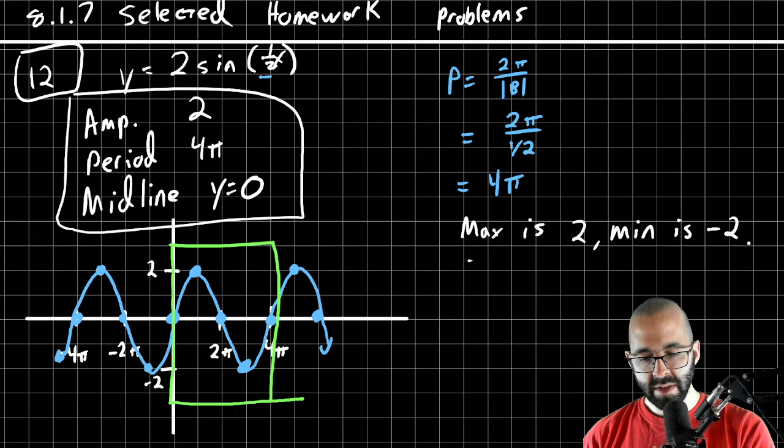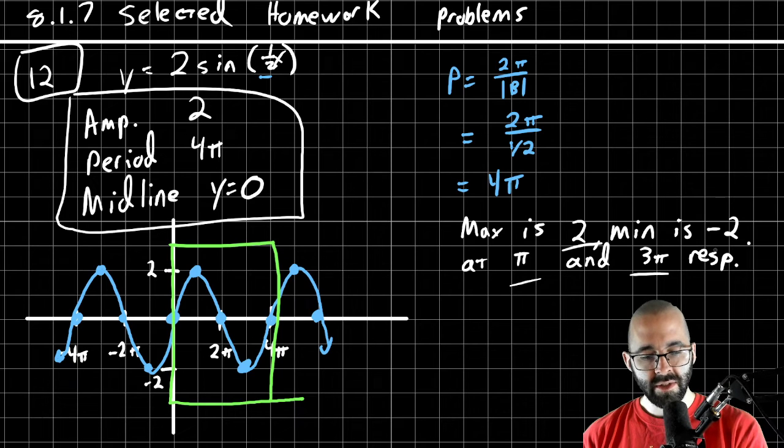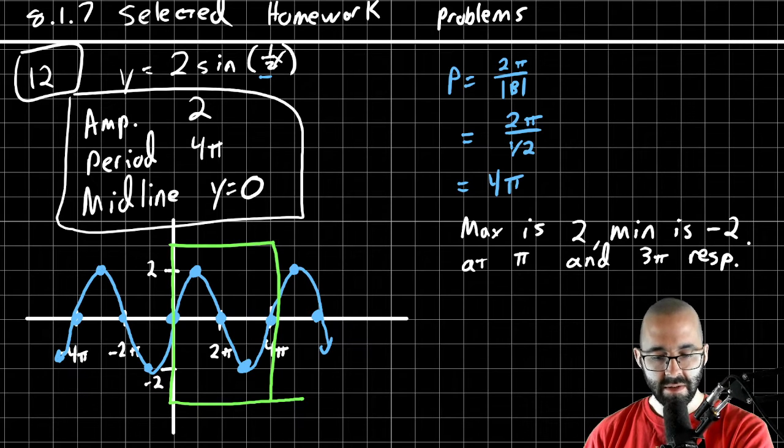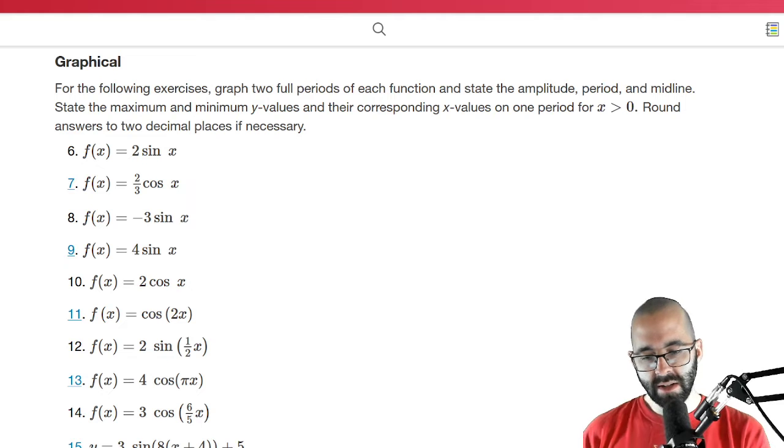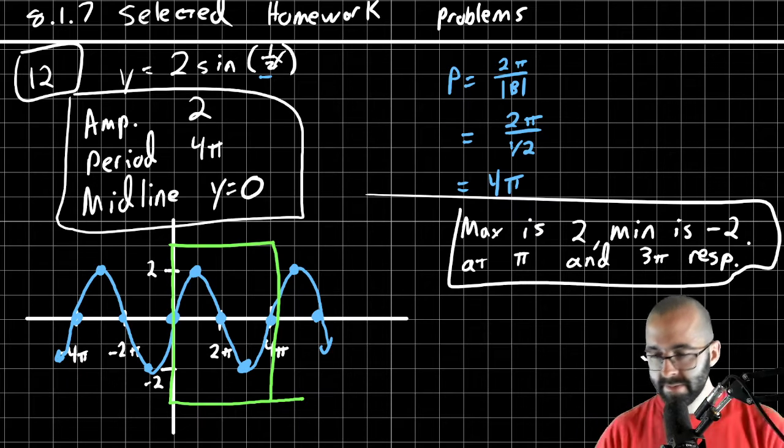So maximum is at pi and minimum is at 3 pi respectively. Respectively just means the first one goes with the first one, the second one goes with the second one. What else do we need? Round answers to 2 decimal places if necessary. Nope, we're good. Those are the 3 things this problem asked us to do. We're good to go.